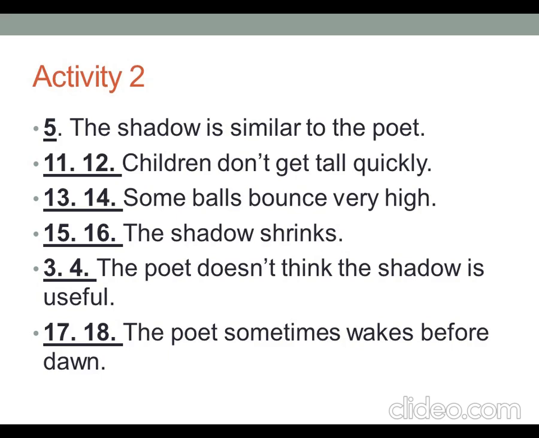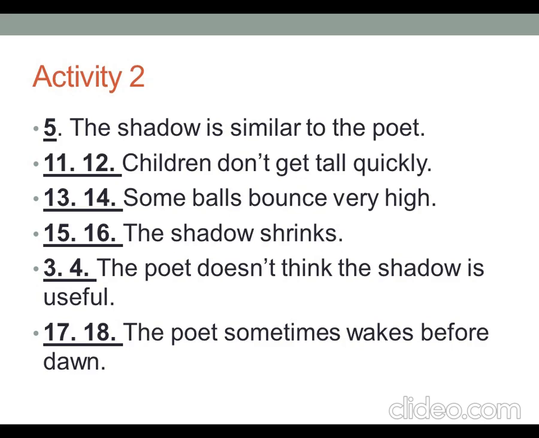Next, children don't get tall quickly. It is line number 11 and 12. "Not at all like proper children, which is always very slow." Here, the word tall is not used, but the way children grow has been given.